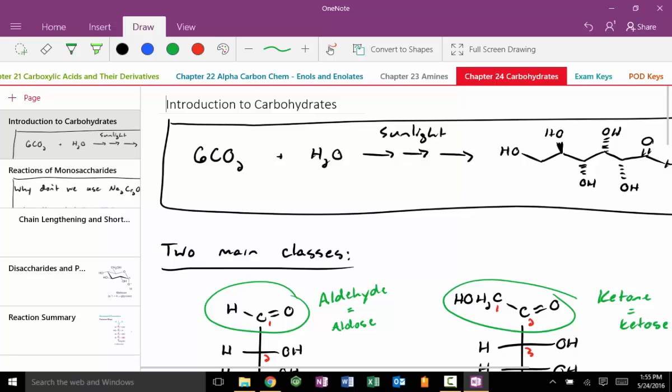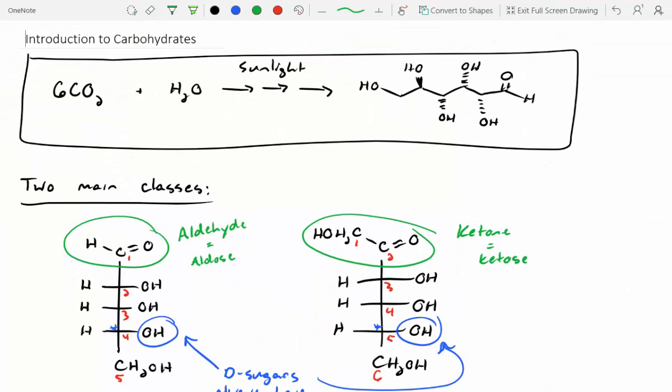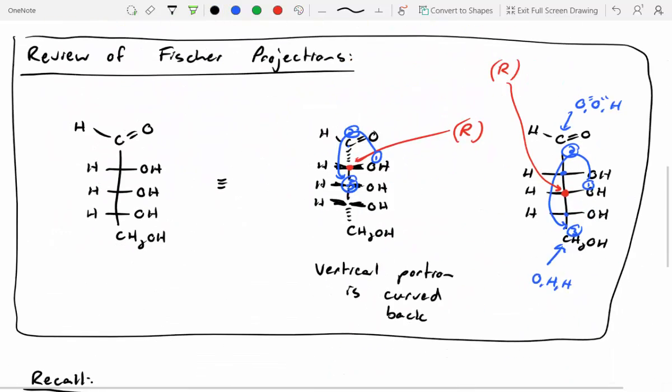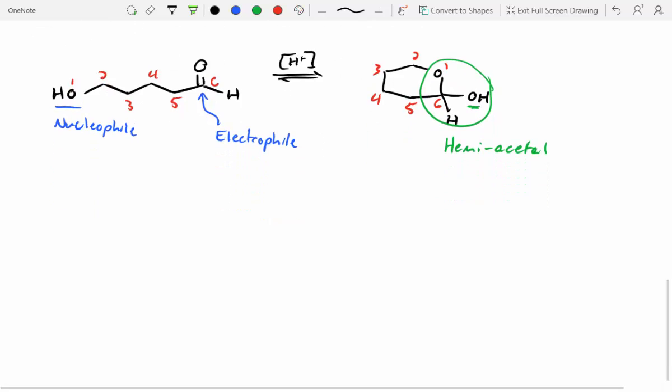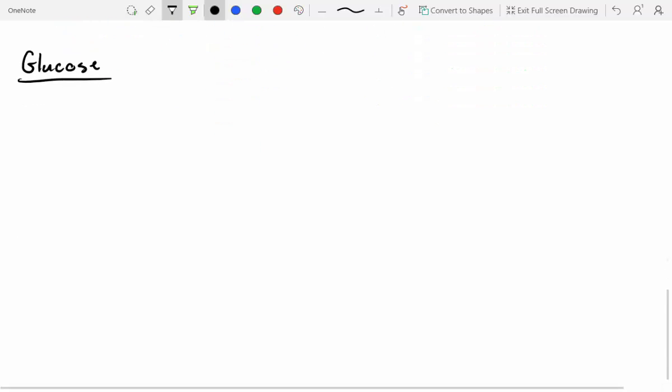All right, so let's go back and take a look at glucose. Glucose is the main carbohydrate that's talked about in biology classes. However, there's a bunch of other useful ones. Let's start out by drawing the Fischer projection.